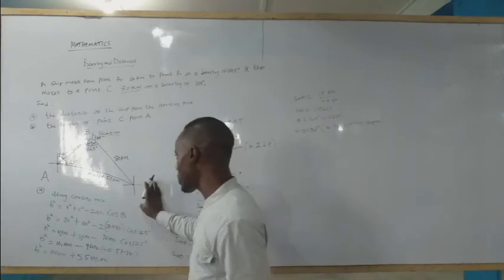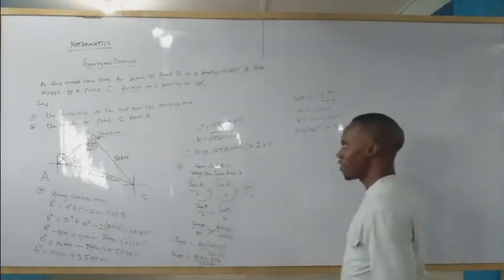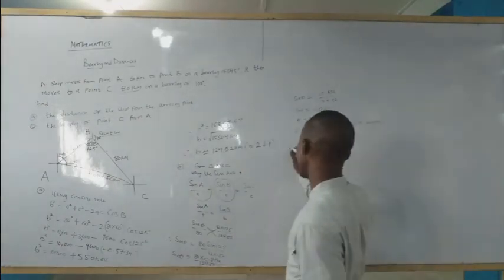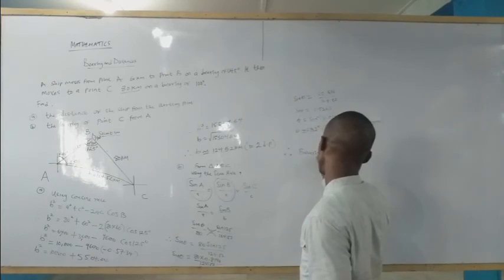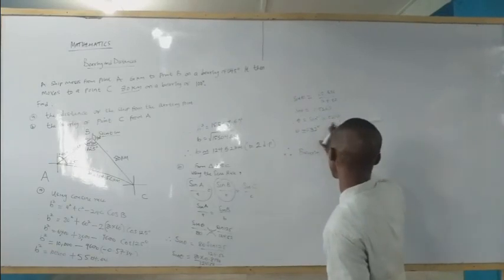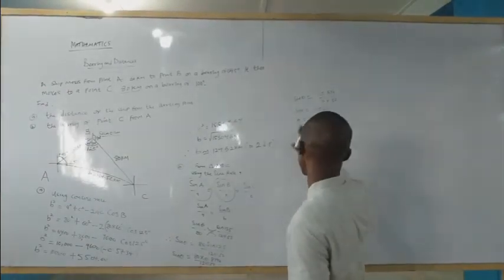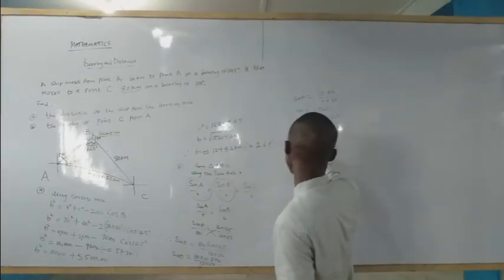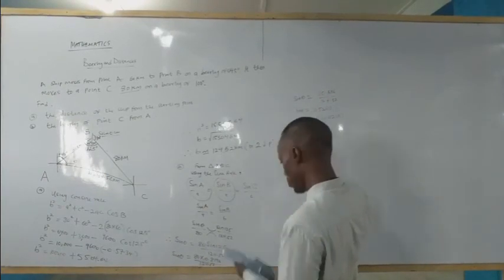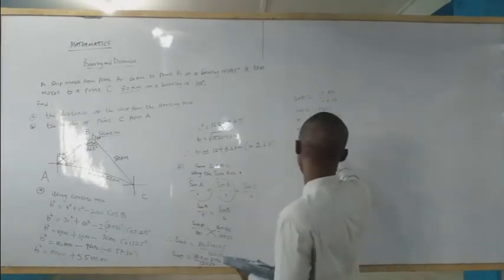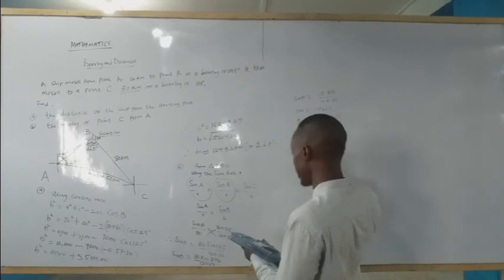So the bearing of C from A is the total of what? 45 and theta. So therefore, theta is equals to 31.7559.